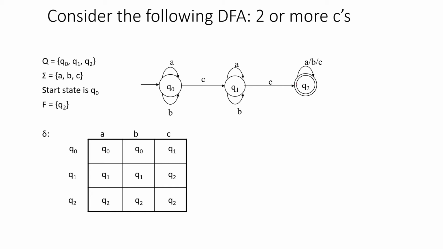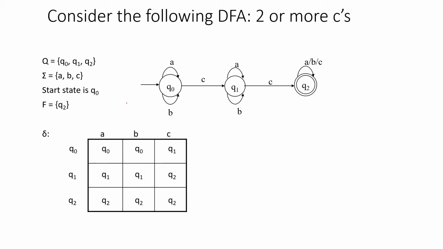So I can say that this particular machine or DFA can accept any combination of A, B, C, but having at least 2 C's, right?